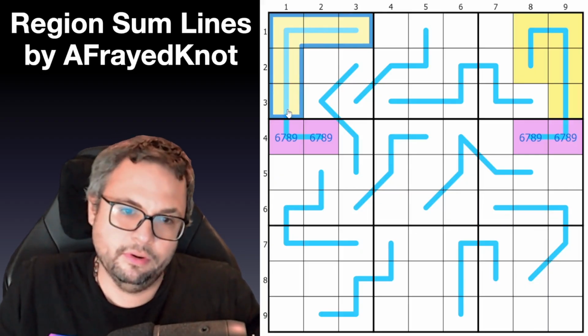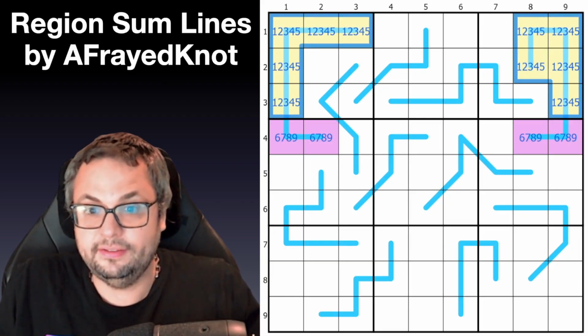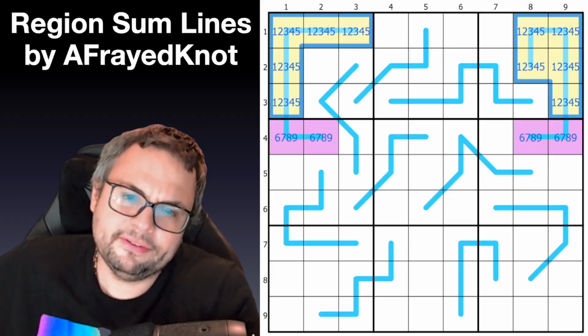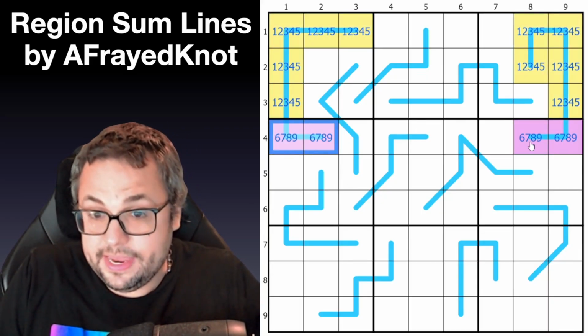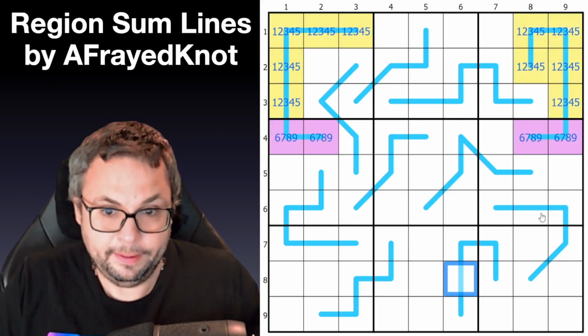If I take 1, 2, 3, 4, 5 here and 1, 2, 3, 4, 5 here, that is exactly 30, which is the minimum I could possibly do. So you can think about this deduction in a couple different ways, but the key thing to notice is how these two interact with this 2 equals 5 business.